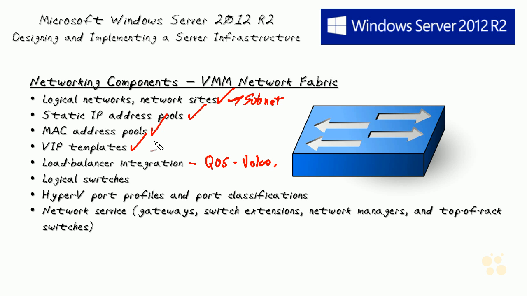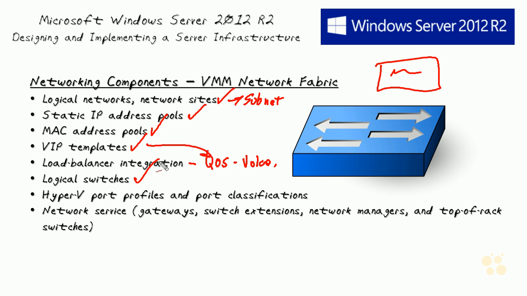Well, it'll do that with these templates, which also means that you can do load balancing. With a load balancer, you can load balance requests to your virtual machines. You can use network load balancing, or you can even use a hardware load balancer through the VMM console. So that's kind of cool. You can operate that load balancer right there.